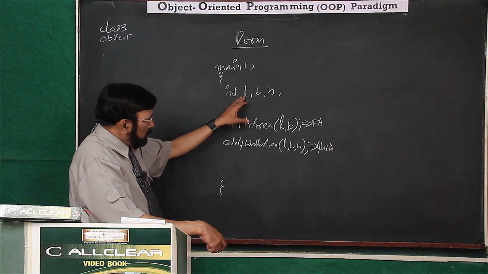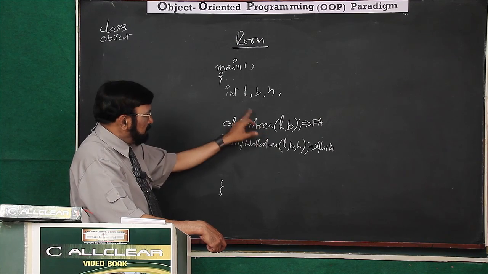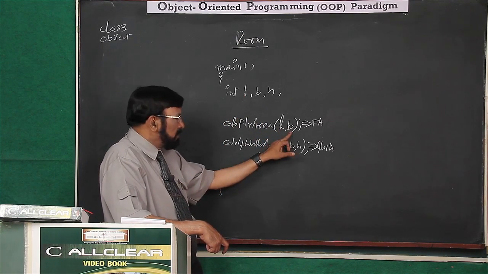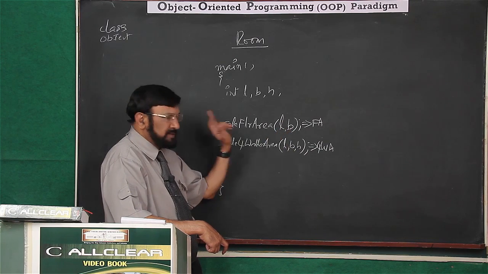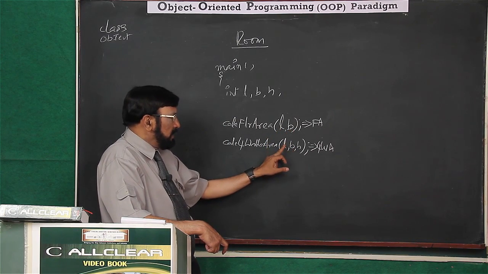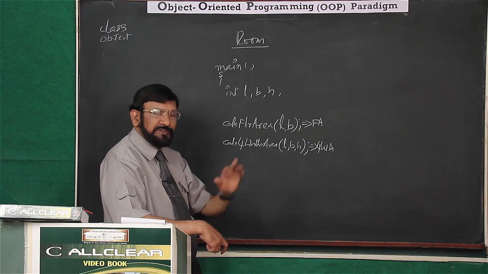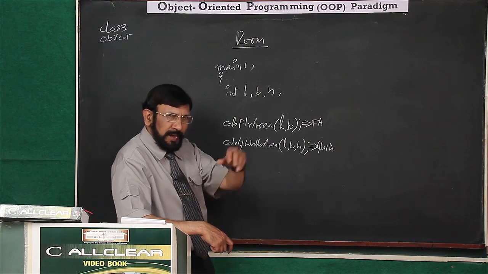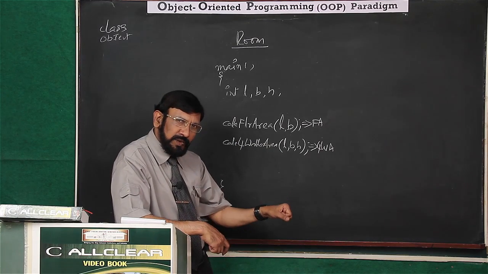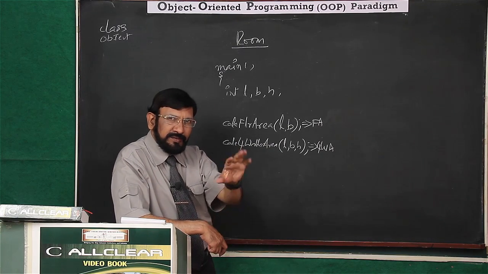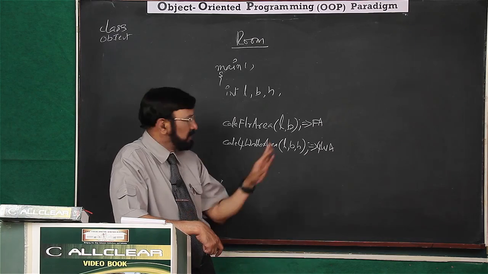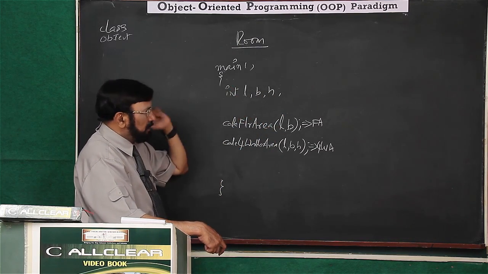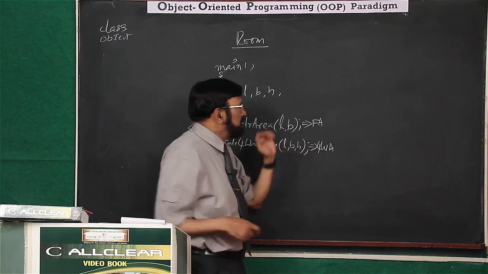So in this case, for every function, you have to explicitly pass data. For this, L and B are required, that's why you pass L and B. For this, L, B and H are required. This is like your neighboring flour mill. You have to carry grain and give it, then only they process and give it. But these are not in the same body. Now, the same thing I repeat here.